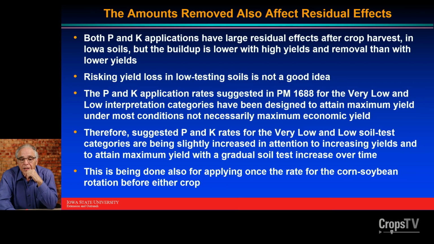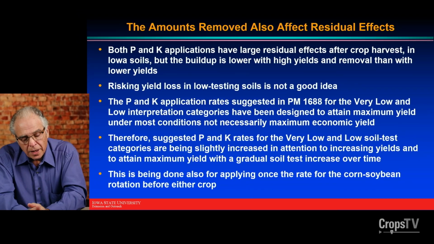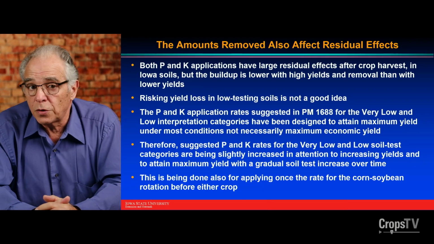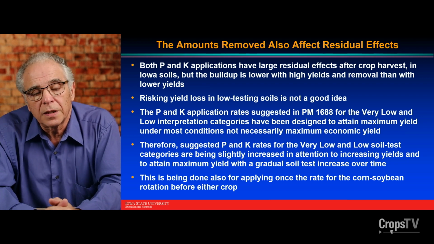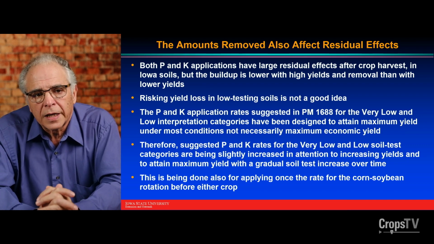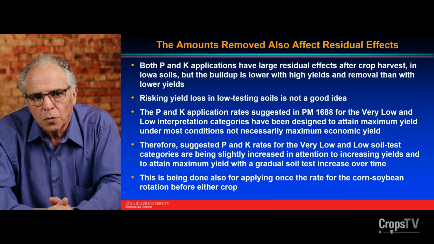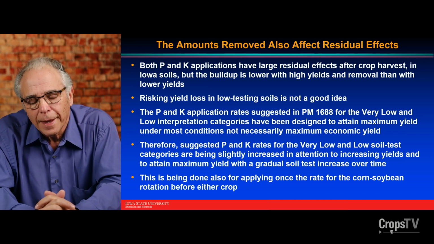Now, there is another issue that happened with the high yields. Remember that I said that for the very low and low categories, we don't use yield, because the concept in Iowa for 50 years has been to recommend rates that get maximum yield in most conditions, no matter the yield. But what happened?